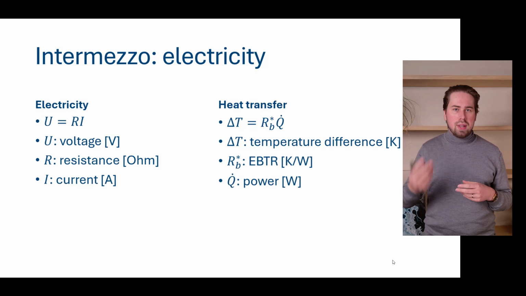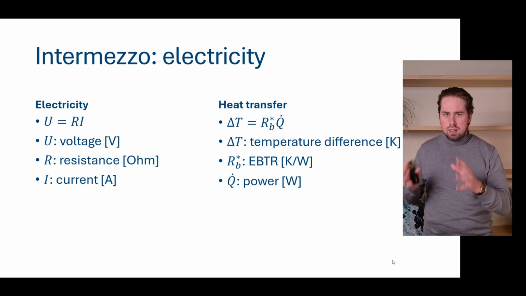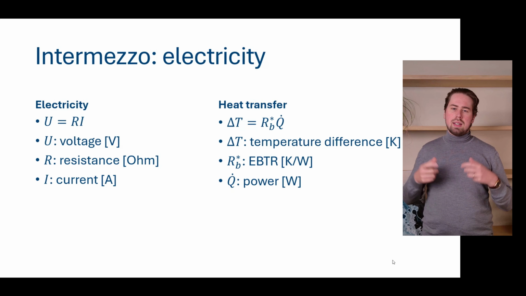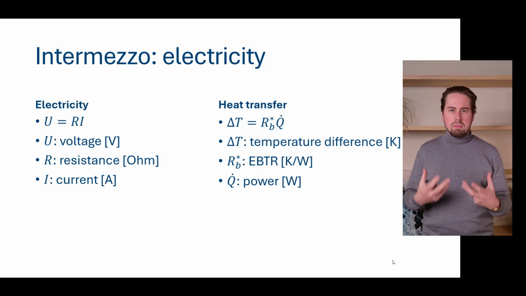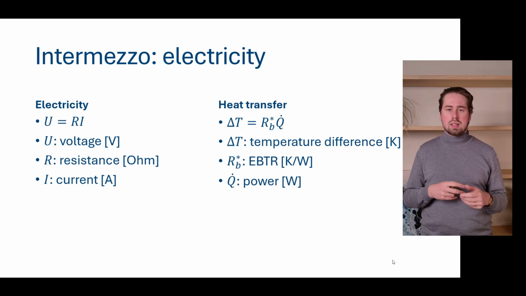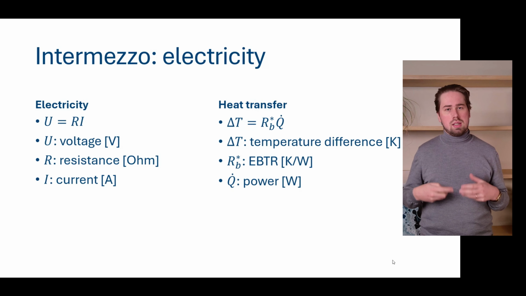Now in the domain of heat transfer, you can do the same. So our delta T, the difference between two temperatures, is equal to the same kind of resistance, but now it's an effective borehole thermal resistance multiplied by the power, which in this case is a thermal power.